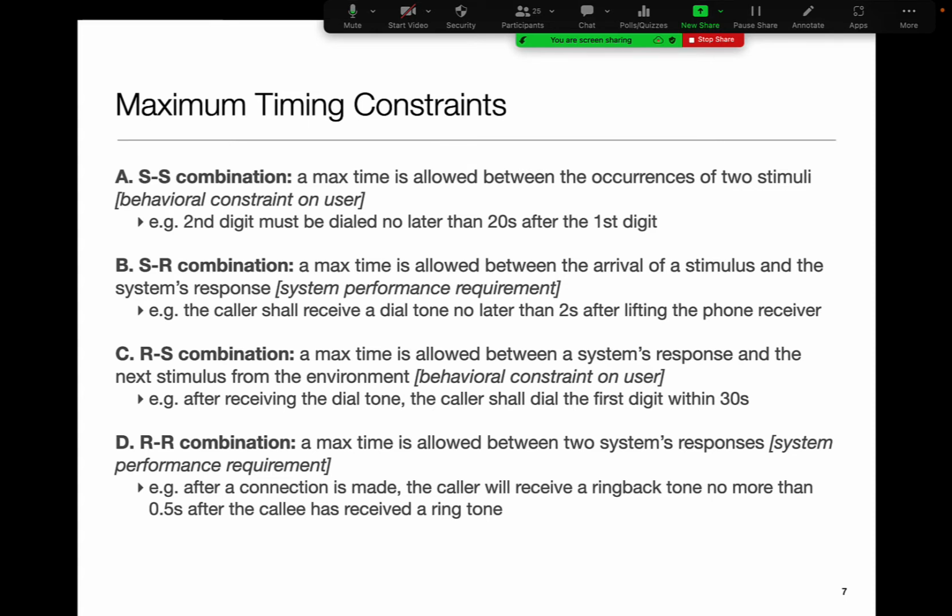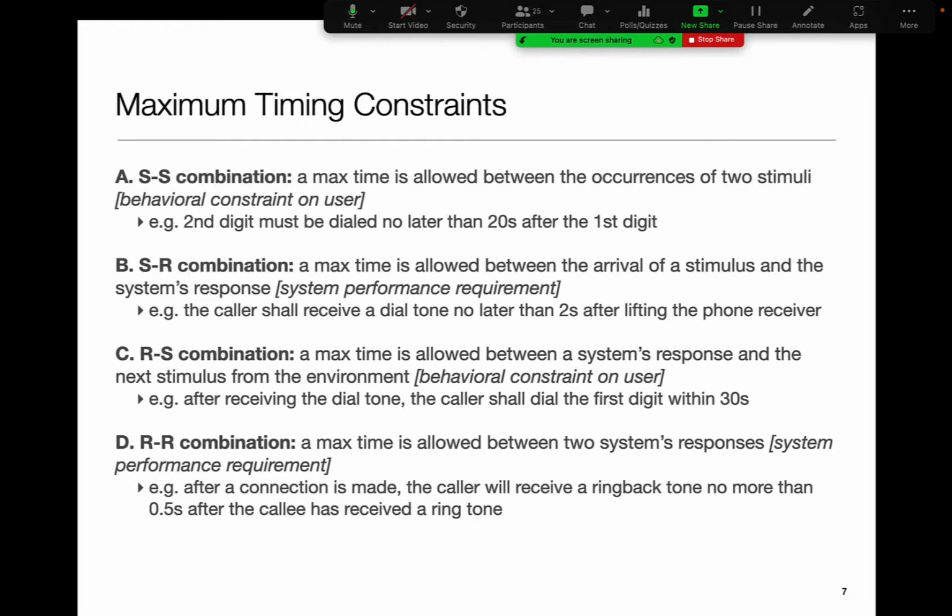So that response time is something where the system, in this case the telephone switch, the telephone company, after I pick up the phone, is giving us a performance promise that they will respond to our action of picking up the phone no later than 2 seconds.